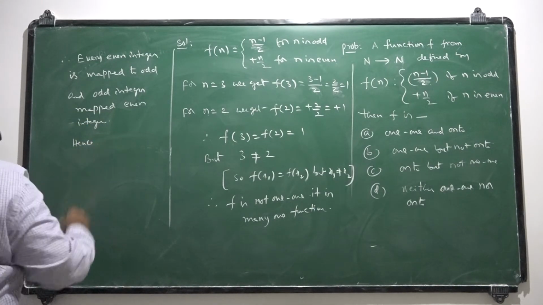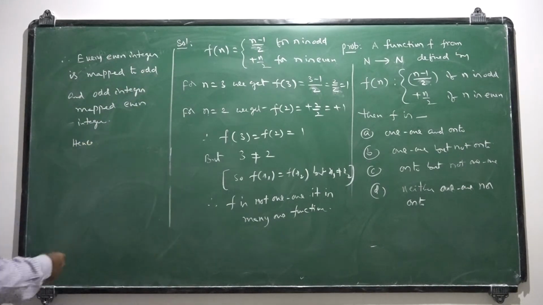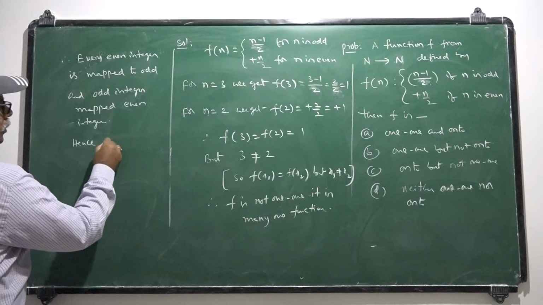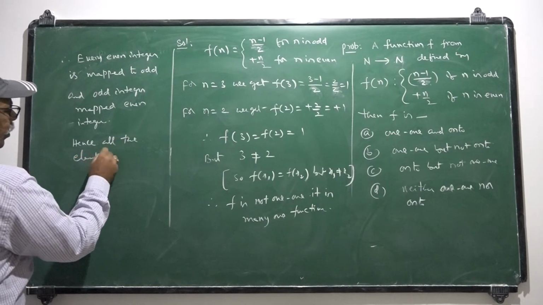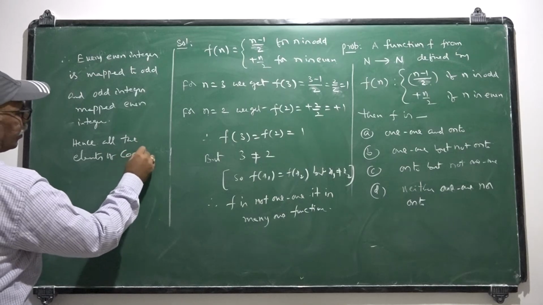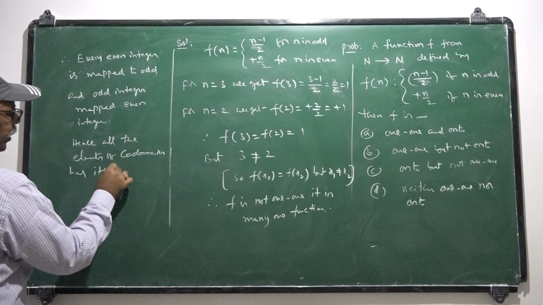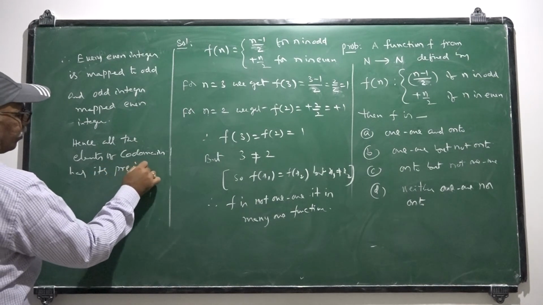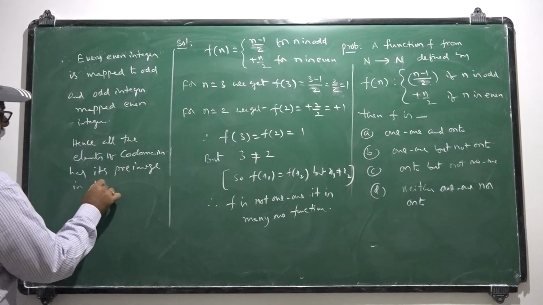Hence, all the elements of codomain have their pre-images. Hence, all the elements of codomain have their pre-image in domain.